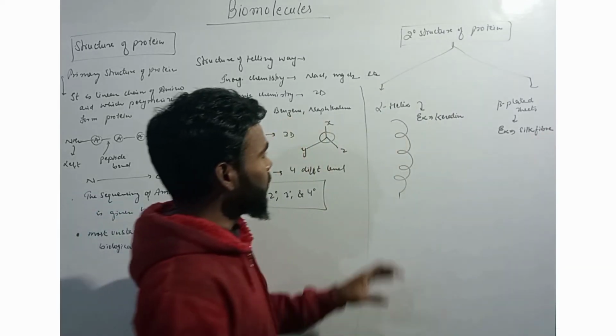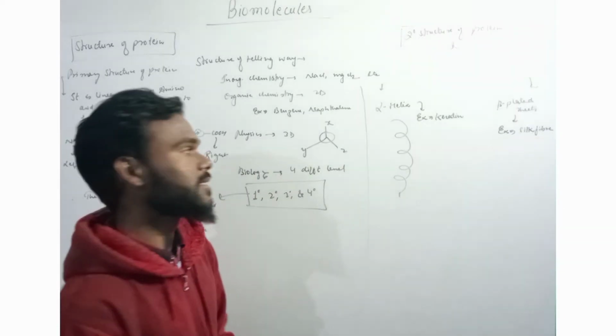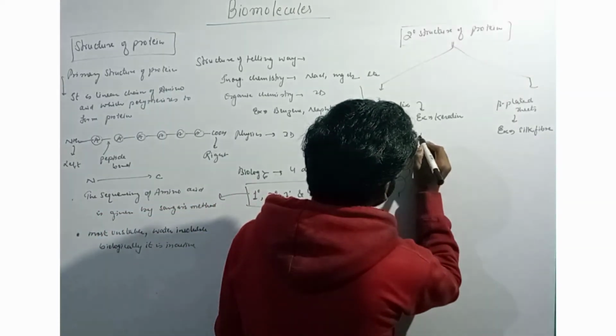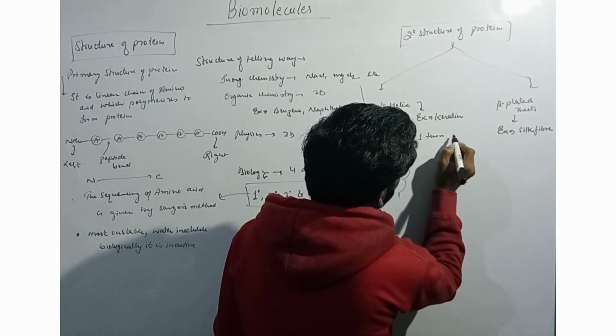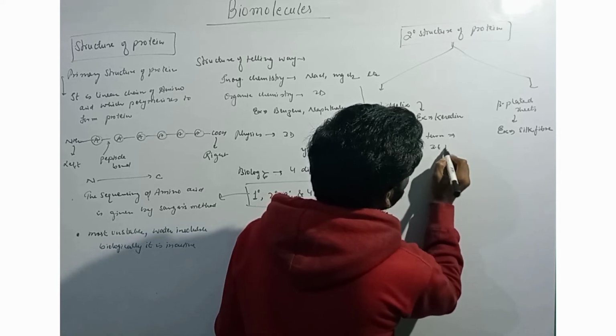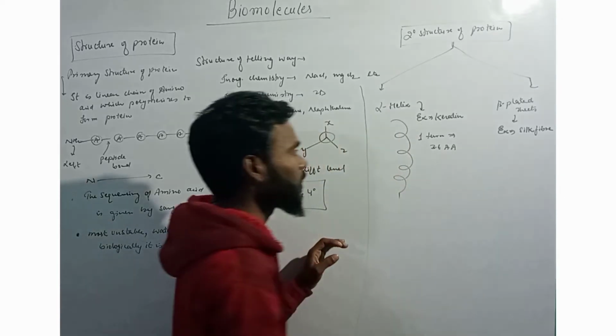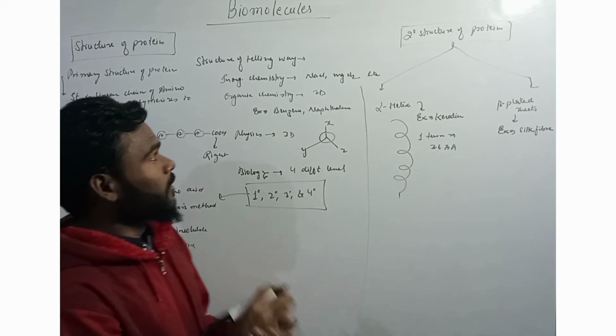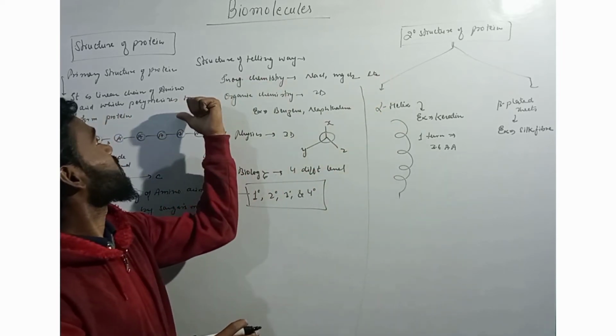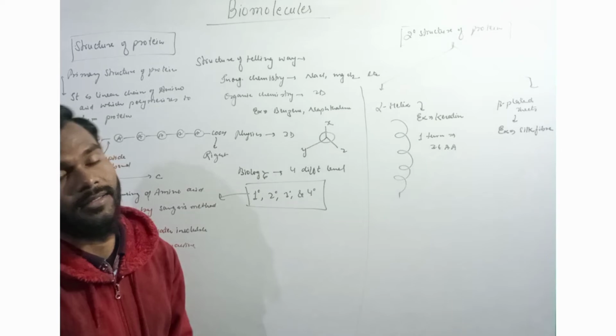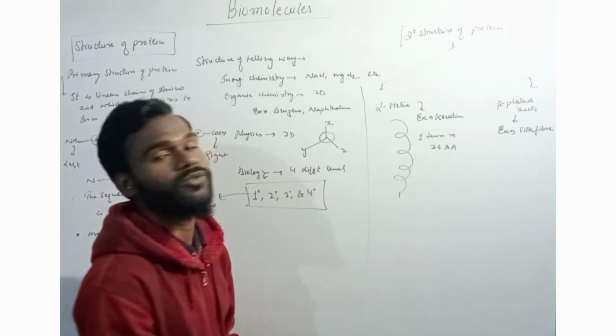Now, a single turn of the alpha helix contains 3.6 amino acids. The secondary structure is more stable than the primary structure. Why? Because it contains hydrogen bonds.